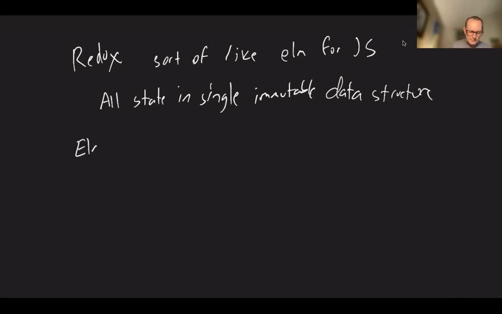In Elm, we have an init that inits the initial state. In Redux, we have some initial state, although that's usually a constant and not a function. What else do we have?